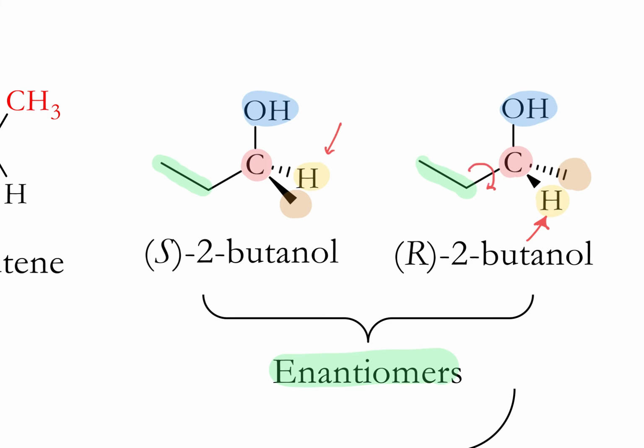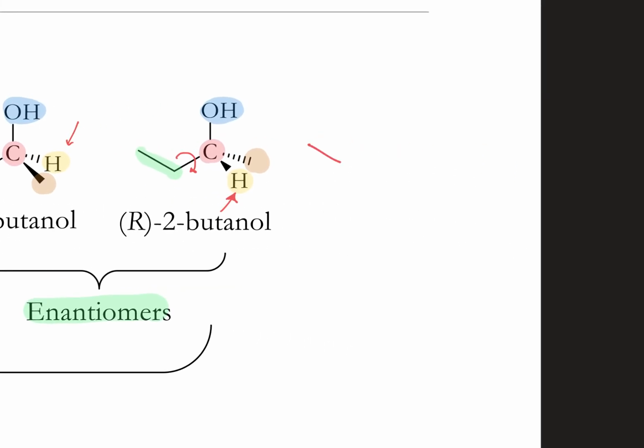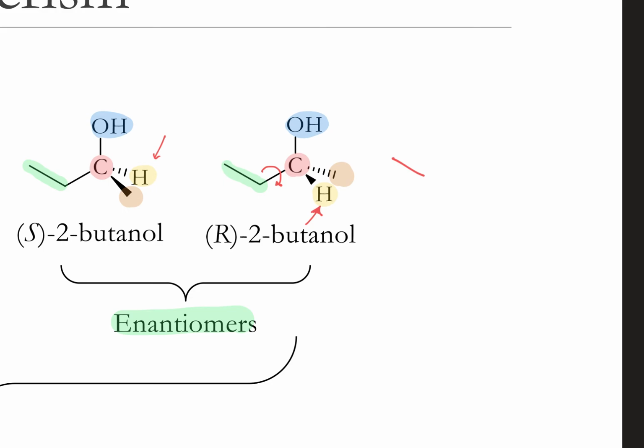This carbon bond could rotate around, but if it did, and we wanted to put the hydrogen in the back and the methyl group in the front, like we have in S-2-butanol, that would actually create this, where the hydroxyl group is down, the hydrogen would be in the back, and the methyl group would be in the front. Ignore the bond angle there, but that's how it would look.